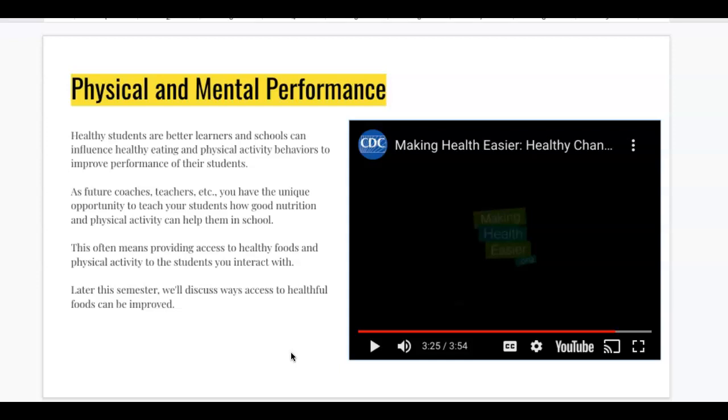So it's going to help them learn better. It's going to help them be strong and have fun in their classes or in their gym class. So those are the types of things that kids really need and that we need to focus on with them to help promote those positive behavior changes.